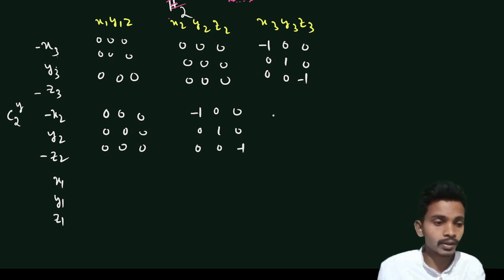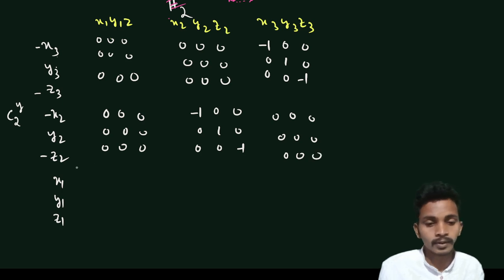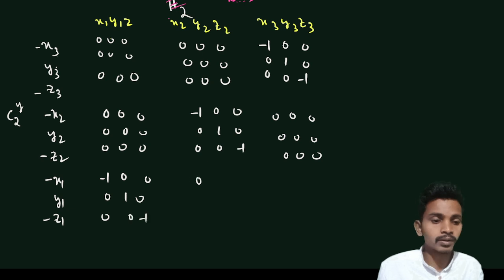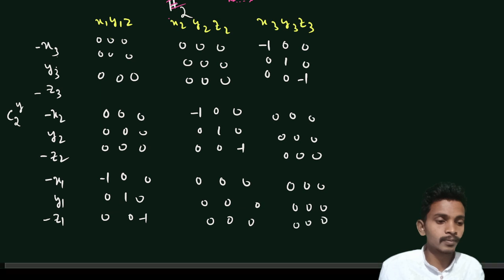Here not there, so 0 0 0. Similarly this is there, and this is minus, this is minus, this is 1 0 0, this is 0 0 0 0 0 0 0 0.